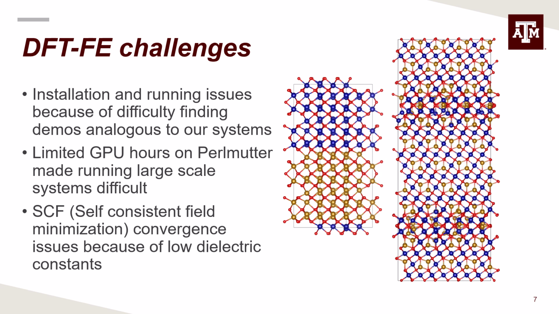And we believe this might be due to the low dielectric constants that are usually seen in these types of interfaces. Essentially what that does is it causes charge perturbations at these structural defects, and that can affect the charge density a lot and slow down the calculations a lot because of the structure.